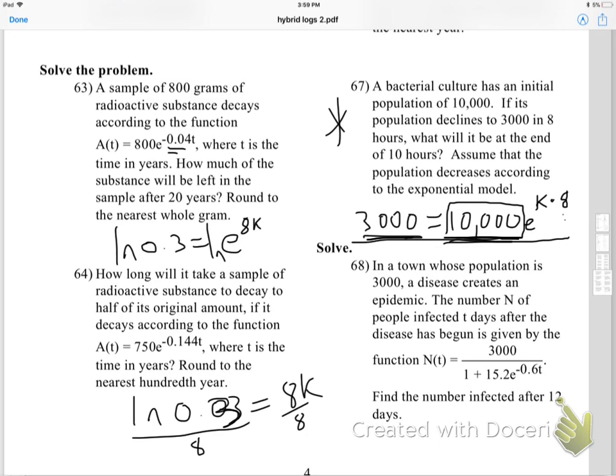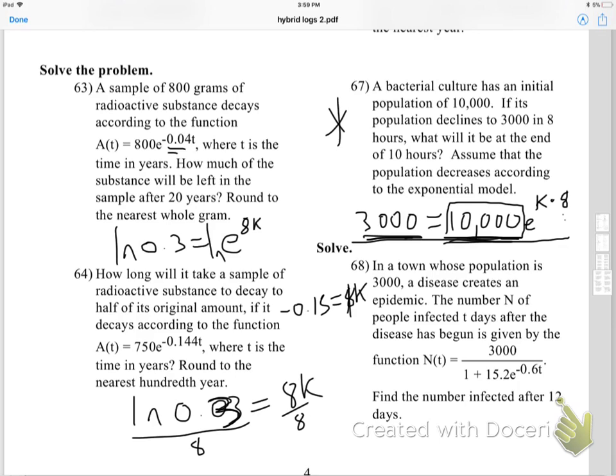The natural log of that, divided by 8, gives negative 0.15. Oh, sorry, I already divided by 8. So k equals negative 0.15.